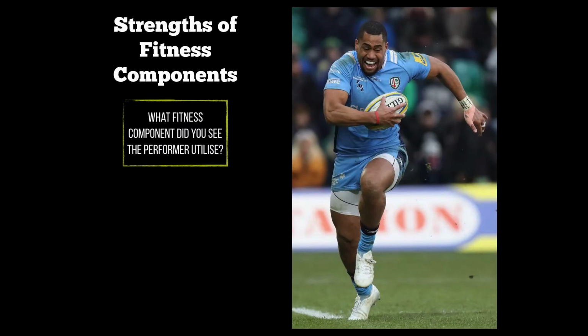We could start with something like this. One strength of the performer I observed in rugby was their speed. As a winger, as soon as the player received the ball in wide positions, he accelerated rapidly beyond the oncoming defender.